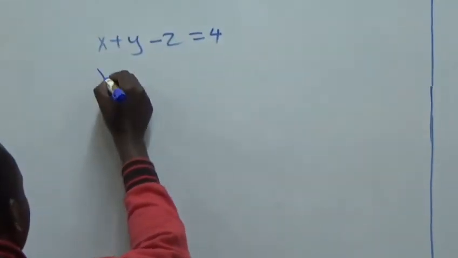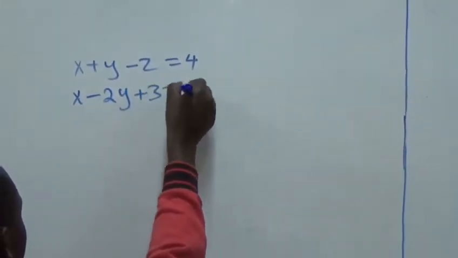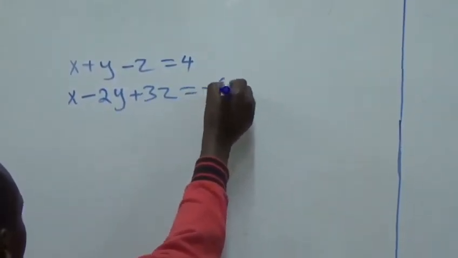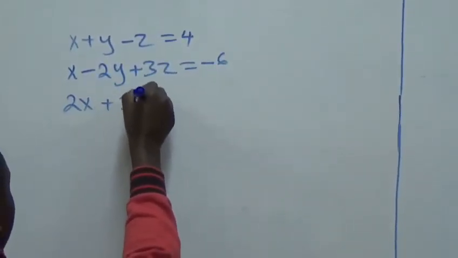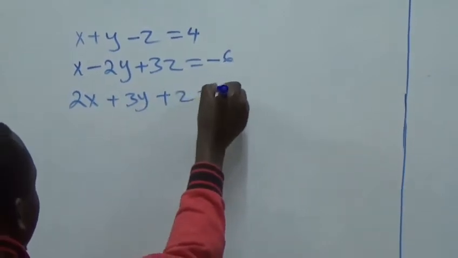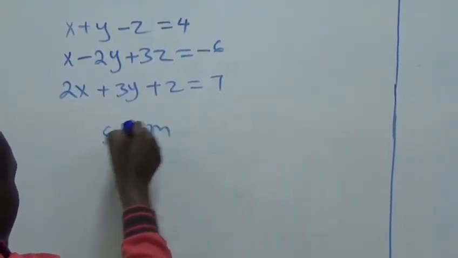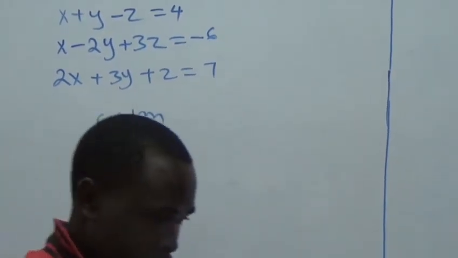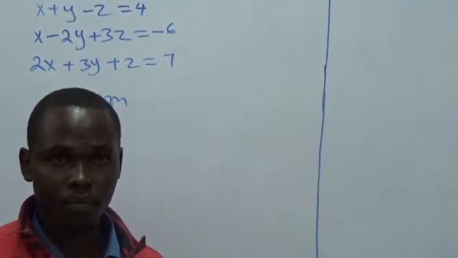Then x minus 2y plus 3z equals negative 6. And then 2x plus 3y plus z equals 7. So you can use the same calculator in finding the solutions for these values of x, y, and z.